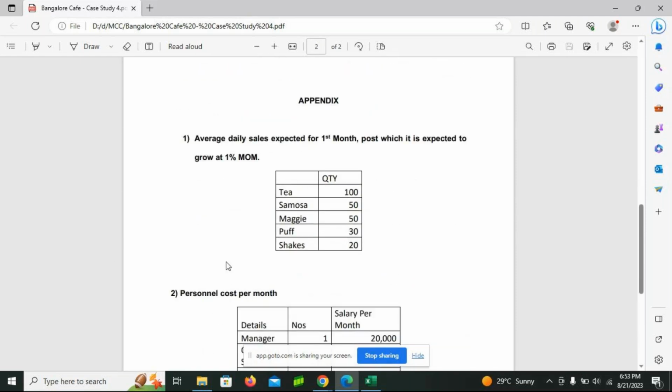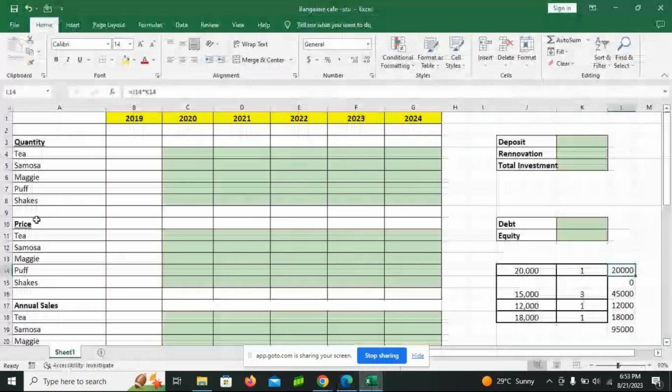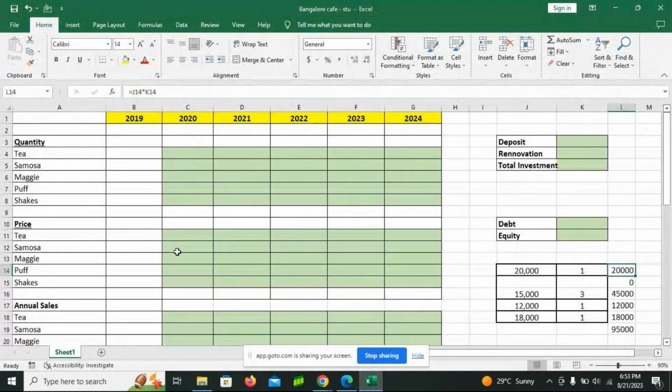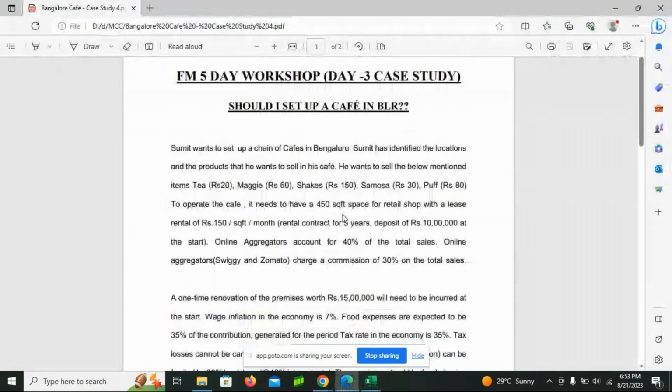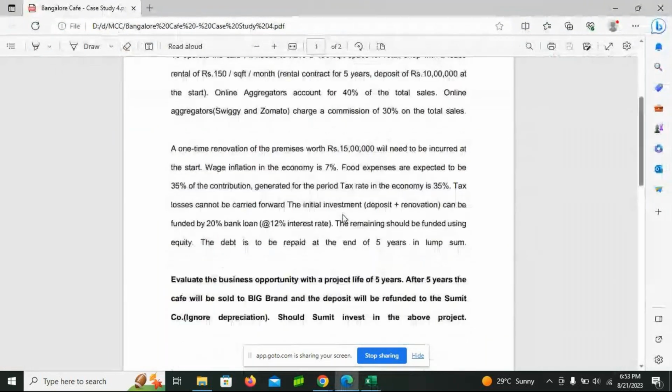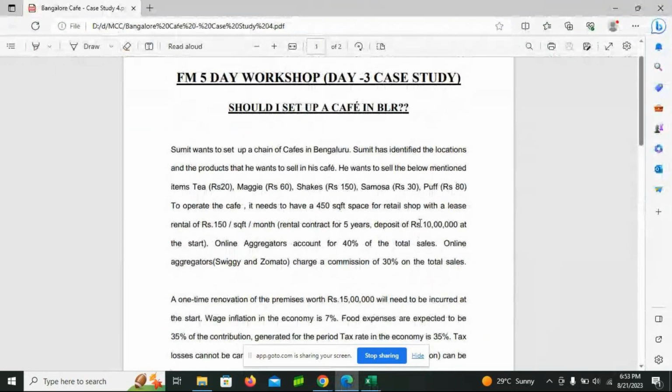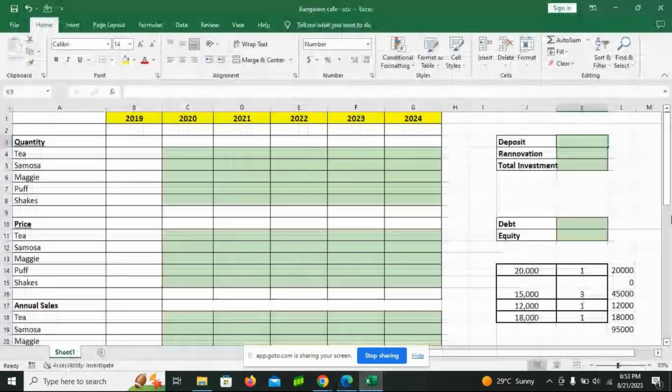First I have to enter the quantity. Okay, so here first the deposit. How much is the deposit that we are going to make? The deposit is 10 lakh rupees, so here I'll make it 10 lakh.